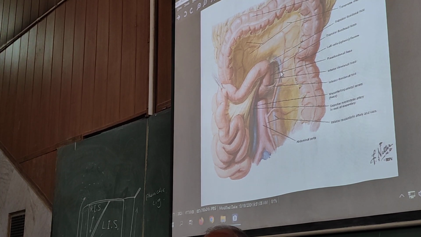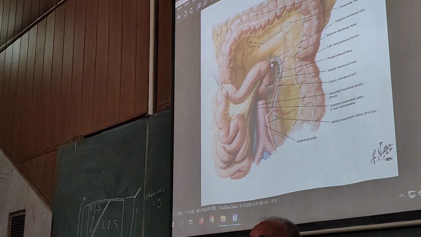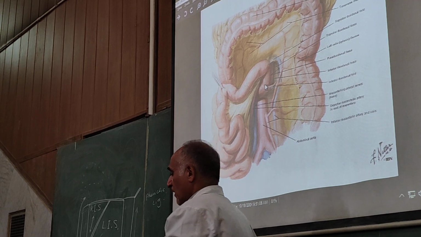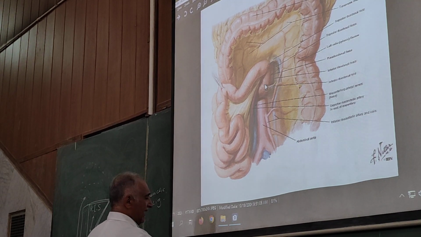If you ask me about the level of the inferior and superior duodenal recesses, I say the superior duodenal recess is at the level of L2, and the inferior one is at the level of L3.